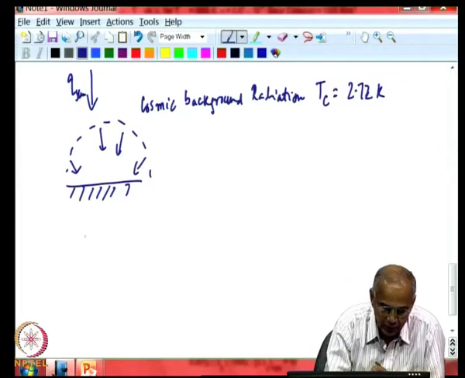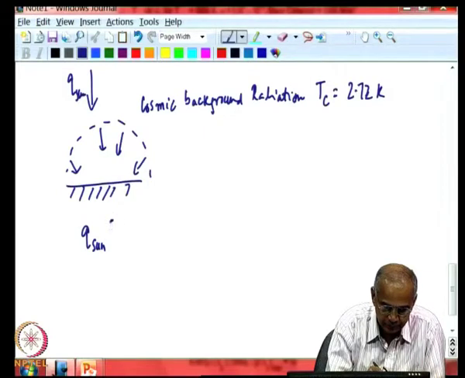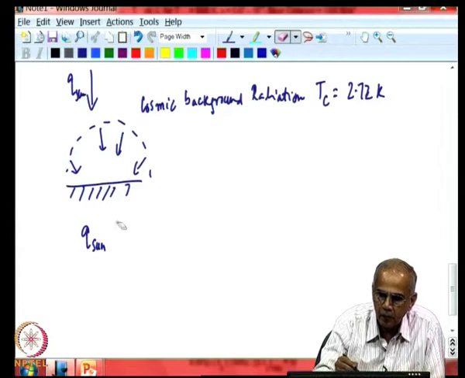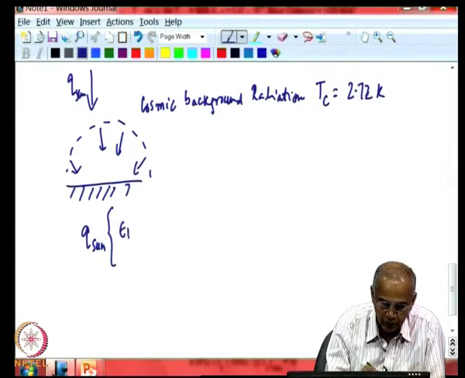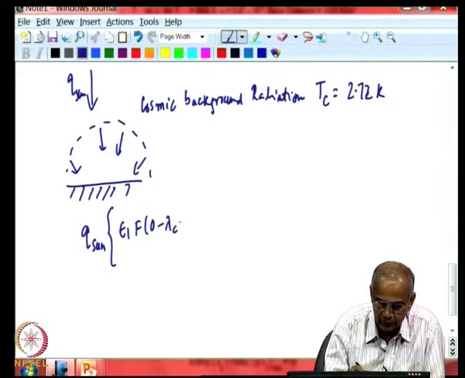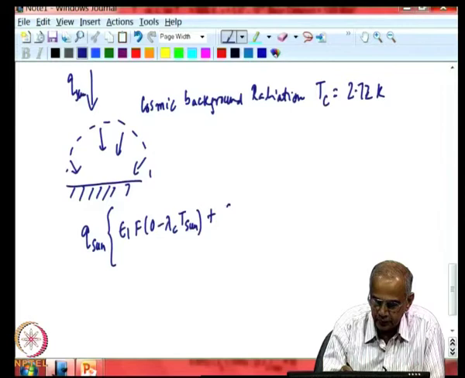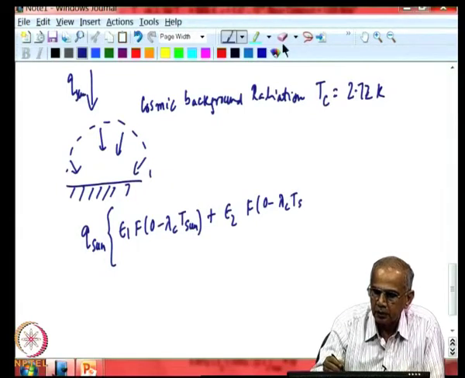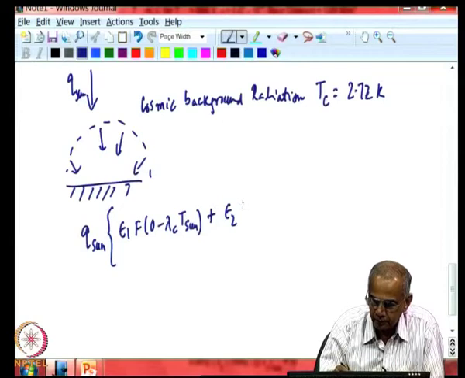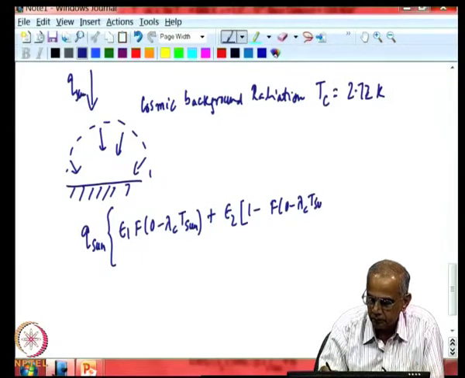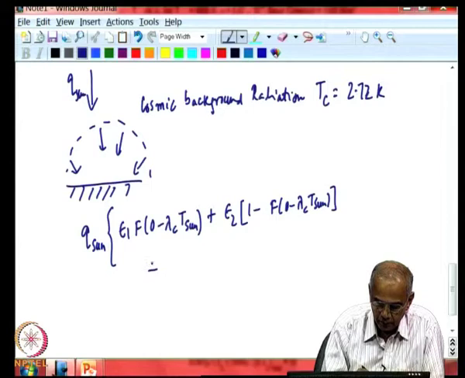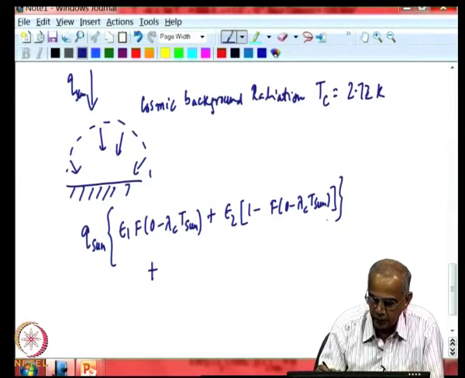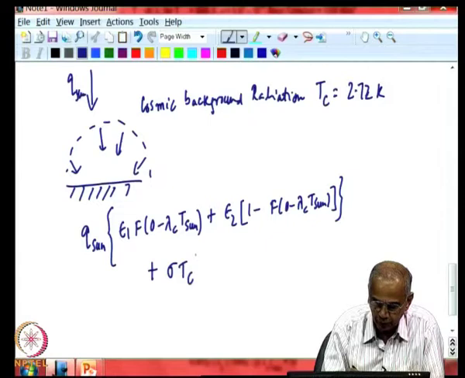So, in this case, the radiation absorbed will be from the sun, which will be epsilon 1 times f 0 to lambda c T sun plus epsilon 2 times, I am sorry, 1 minus f 0 to lambda c T sun, plus the second term, which is from the cosmic background radiation, which will be sigma T c to the power of 4.